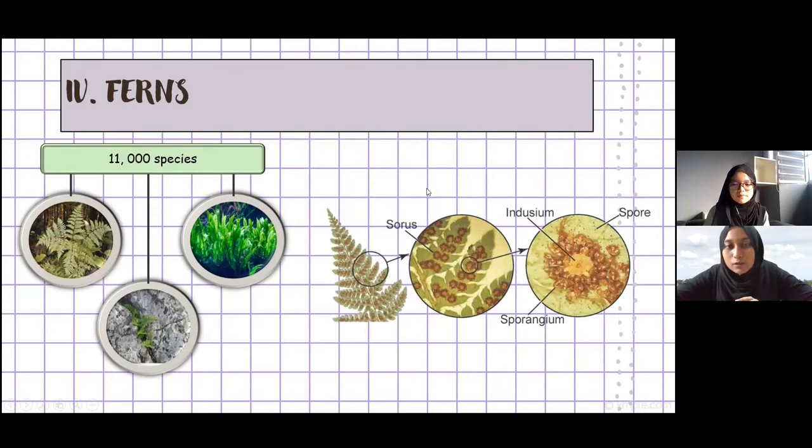So in a mature fern, when we notice something like a tiny circle under the fern, it is called a sporangium. When you look at the first picture, we can see a bigger circle, which is the sorus. So the sorus is a bigger circle, and the sporangium is the small circle inside the big circle.